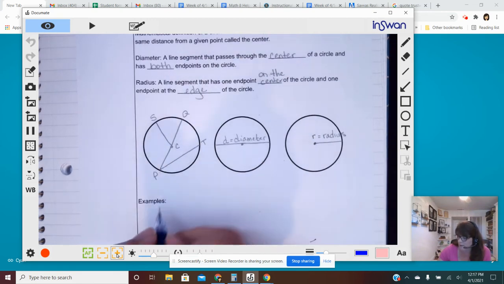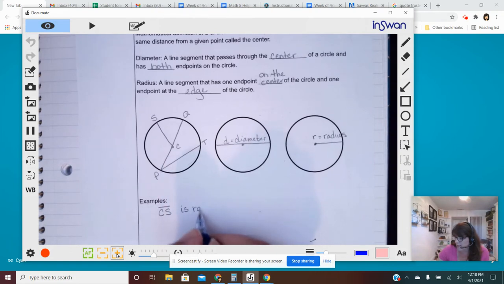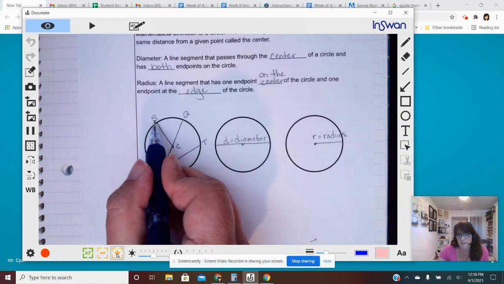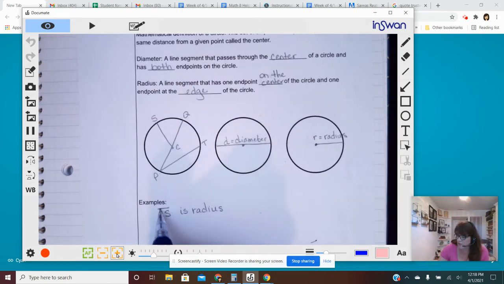So for example, line segment CS is a radius. Okay, and it's just the letters with the line segment over them.